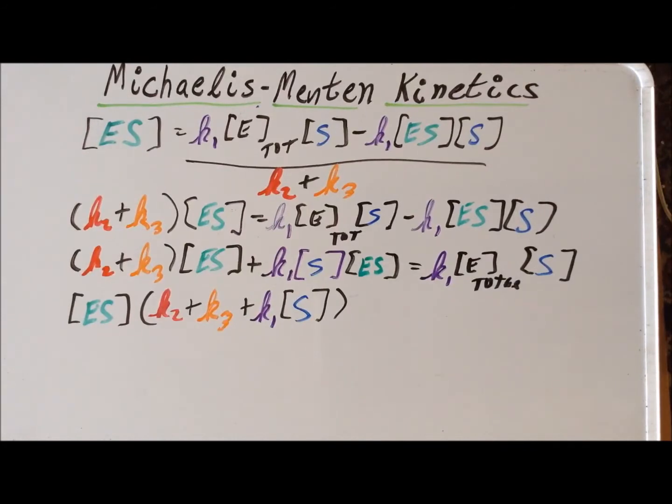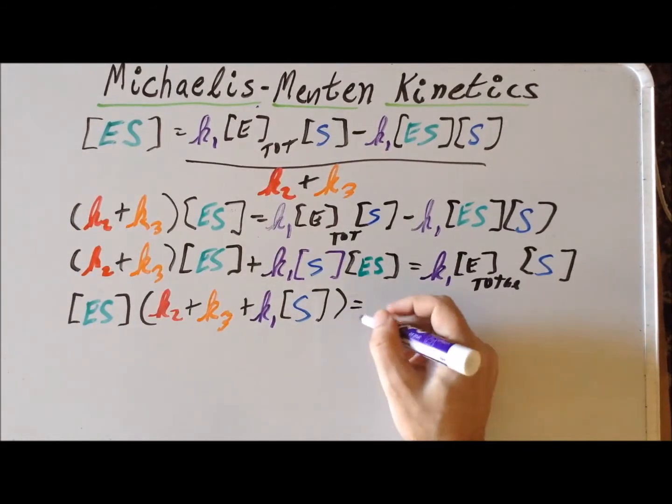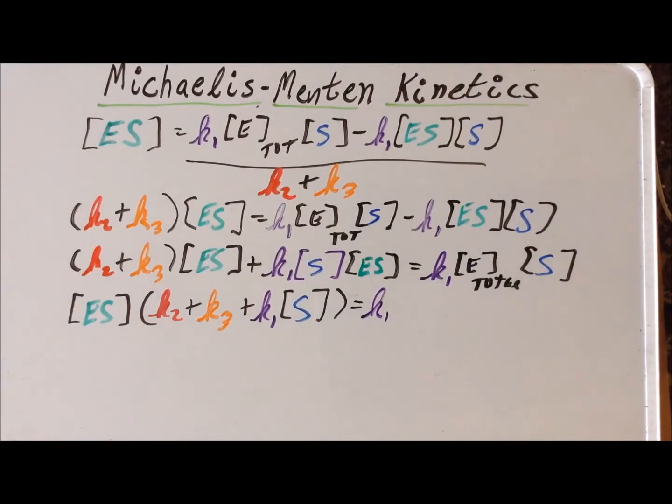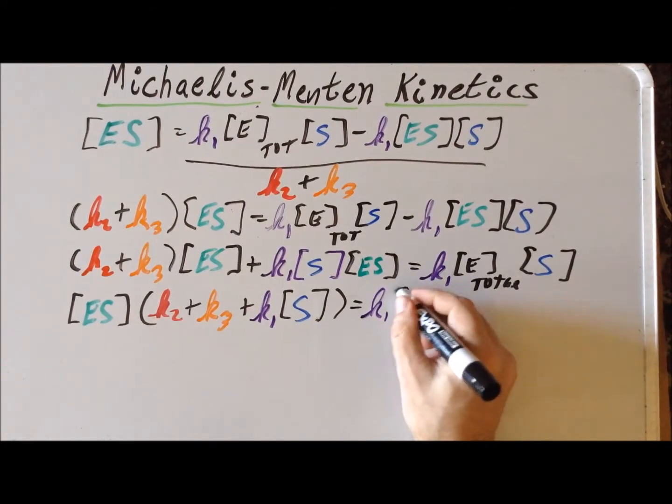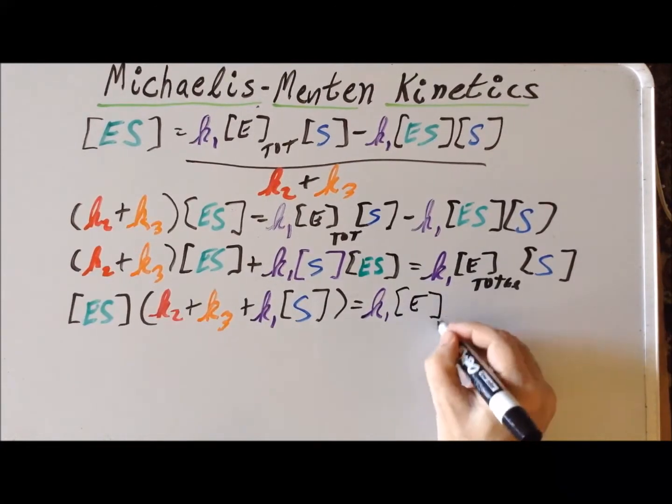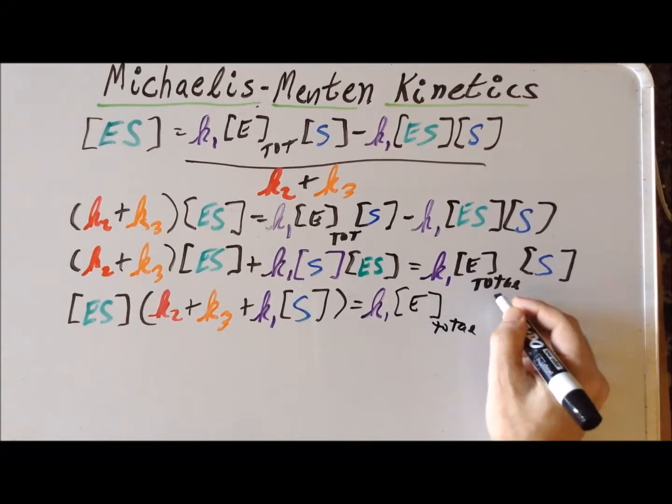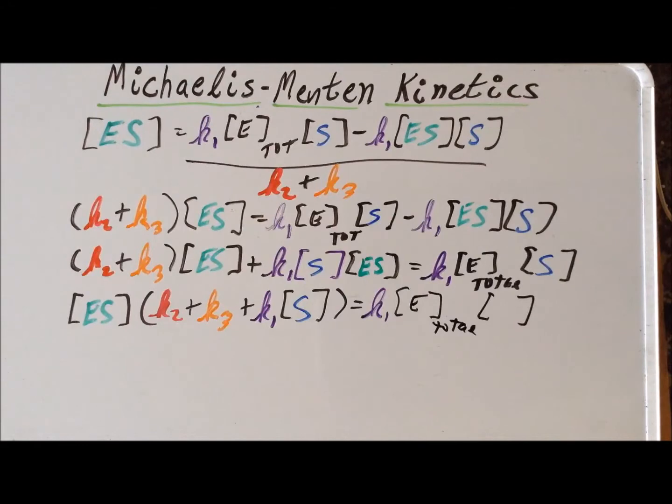And the right-hand side stays the same as we have K1 times E total times S.